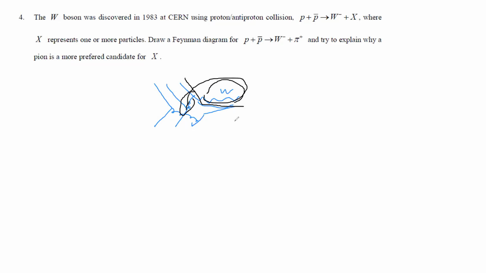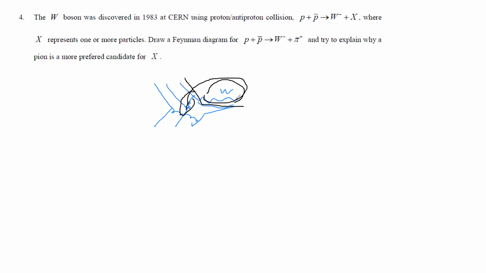Or why can the W stand alone? The W can stand alone in principle because it's not like the gluons. Gluons cannot exist alone.